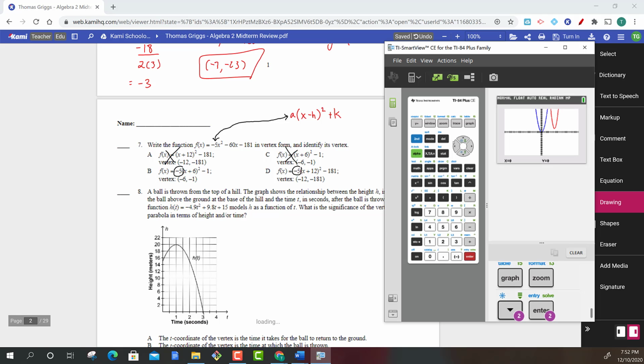So you could just do the vertex formula at this point. I'm going to show a little calculator trick we could again use here. We want to compare the original graph to our answer choices. So after all, the answer choices aren't a different function. It's the same function, just written in a different way.